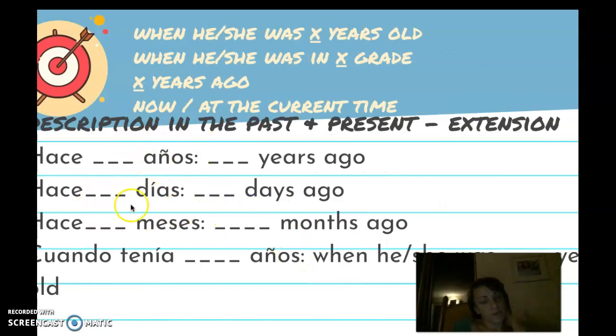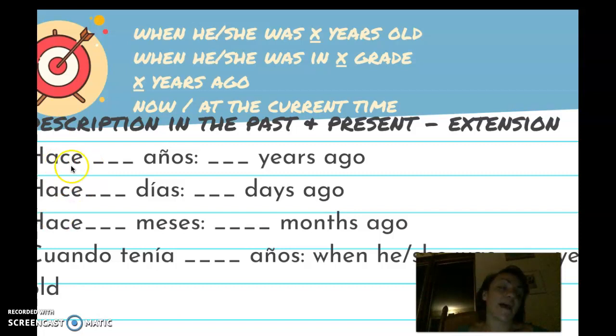Some more phrases for you that are really, really helpful just for Spanish storytelling or for language in general. This many years ago, this many days ago. So, for example, hace 5 años, 5 years ago. Hace 5 años, yo tuve un bebé. 5 years ago, I had a baby.